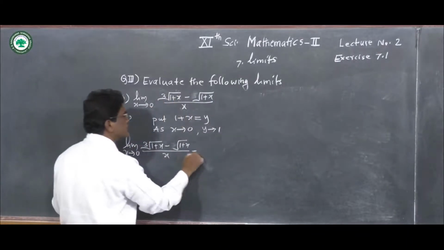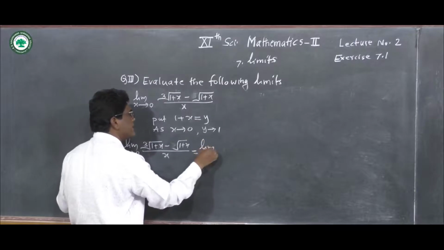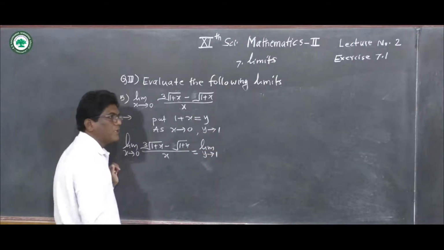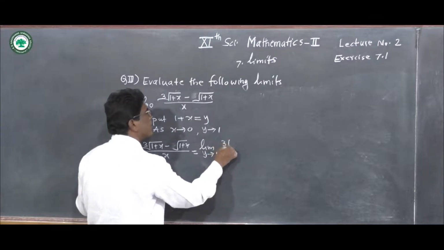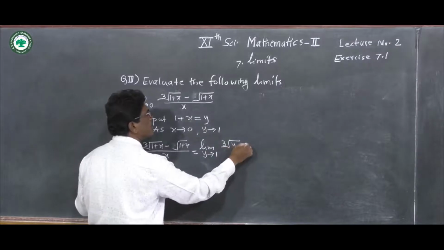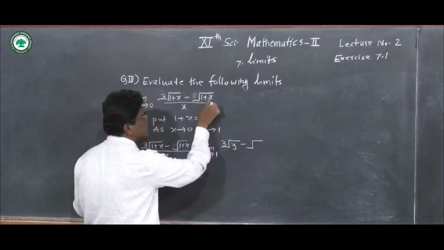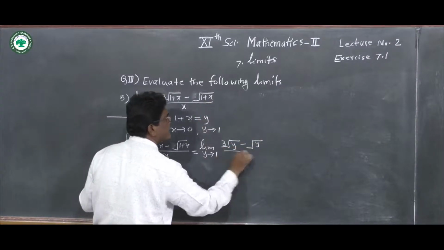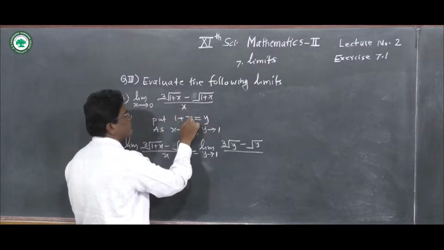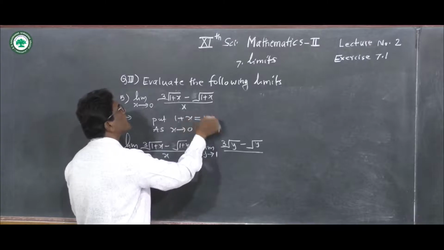So this is equal to the limit as y tends to 1. The cubic root of 1 plus x we write as y, minus the square root of 1 plus x as y, divided by x. For x we write, from this equation, x is y minus 1.